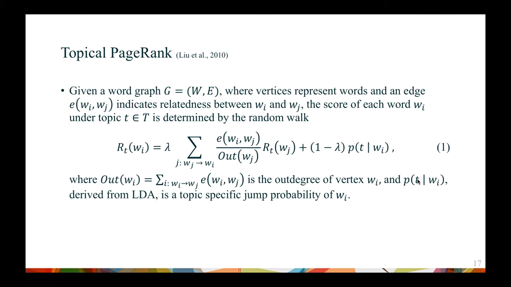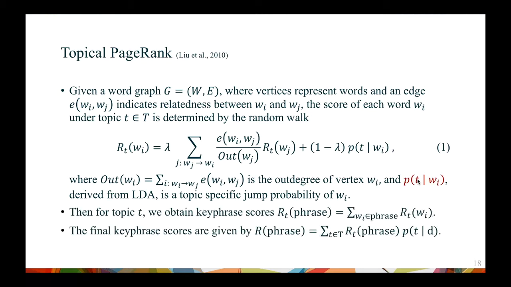The exact detail of the formula doesn't really matter. I think the underlying idea is the important one. And then once you have the score of the words, you can get the score of the phrases by simply summing up all the words in that particular phrase. So for example, this phrase is one of the candidates you have. You want to know the score for this candidate.